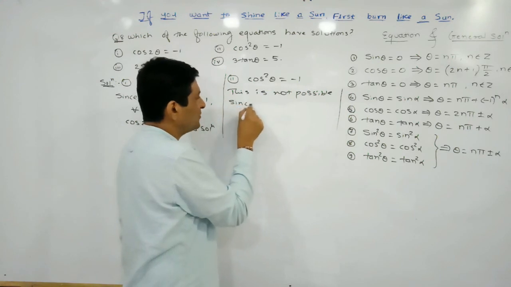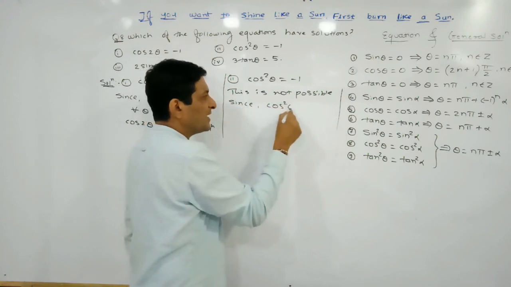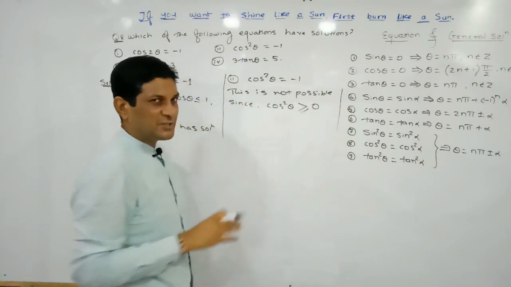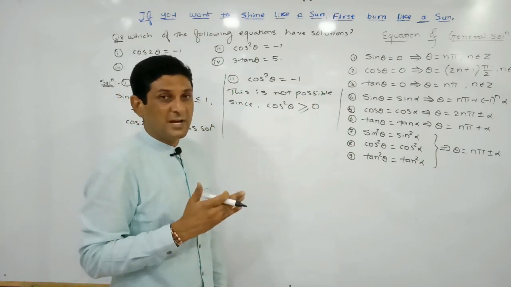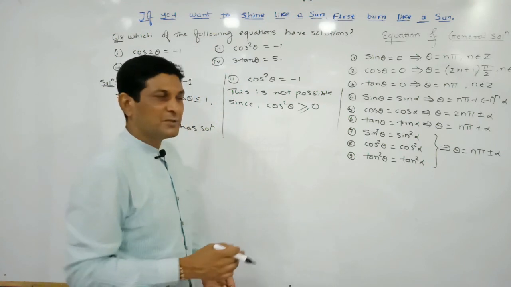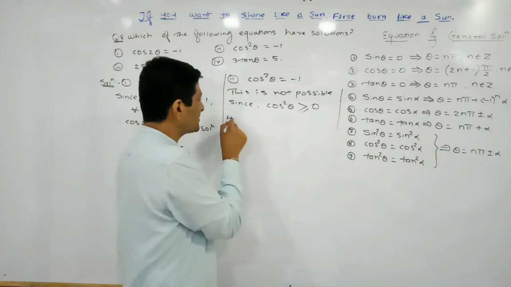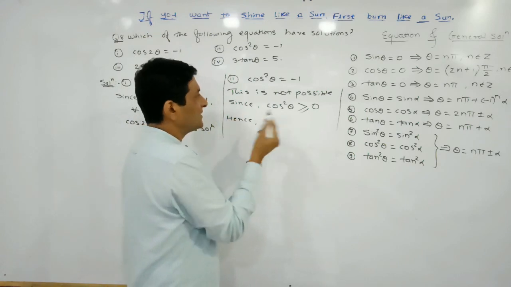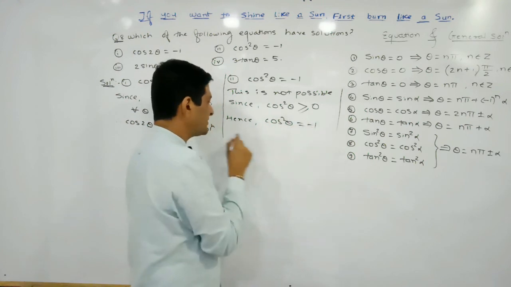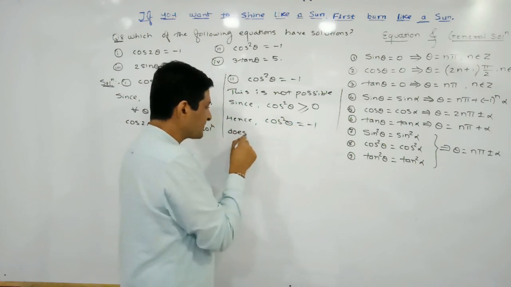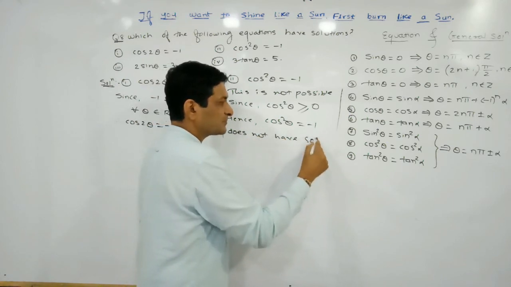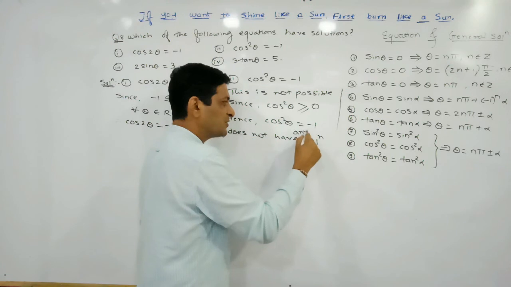Since the value of cos square theta is either equal to 0 or greater than 0, means always 0 or positive, means the square of any number cannot be negative. So hence we can say that cos square theta is equal to -1 does not have any solution.